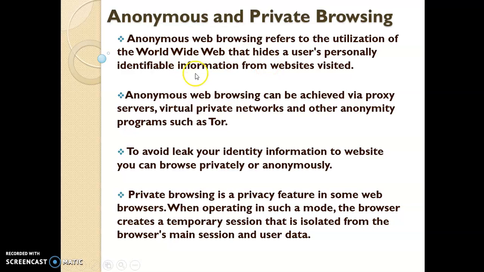So anonymous web browsing can be achieved via proxy server, virtual private network, which is termed as VPN, and other anonymity programs such as Tor. If you have heard about the Tor browser, Tor is again a browser which does not share your device IP address with anyone on the website you are working on. So this Tor browser is a good example of anonymous web browsing.